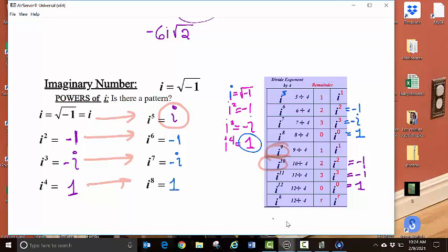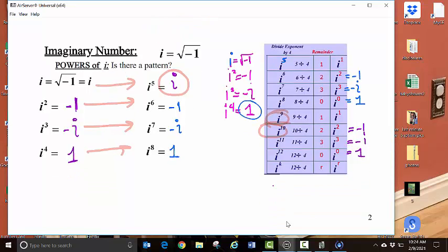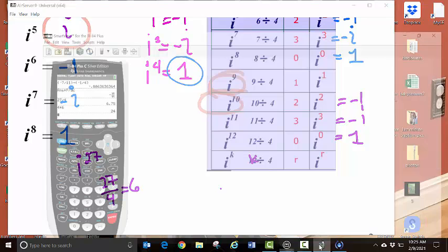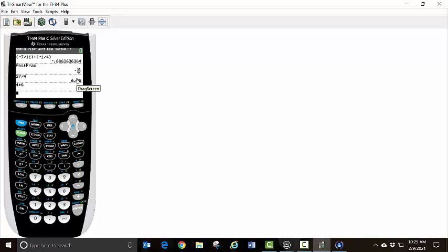You divide. So if I wanted i to the 27th, divide whatever your number is by 4, and look at the remainder. 27 divided by 4 goes in 6.75.